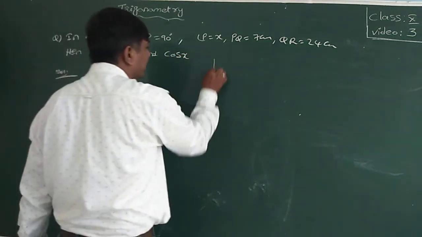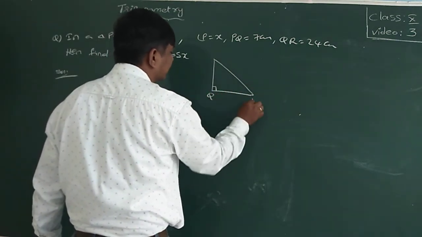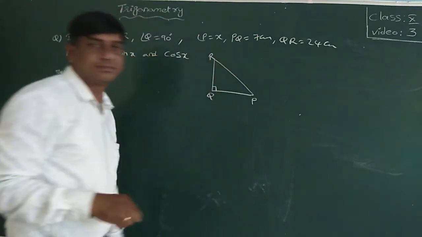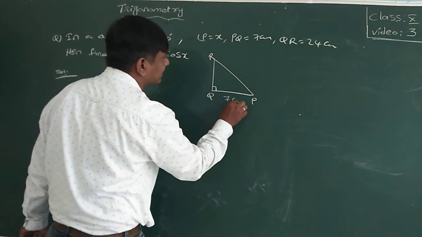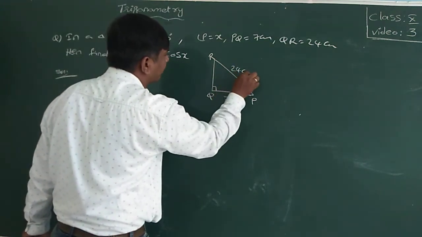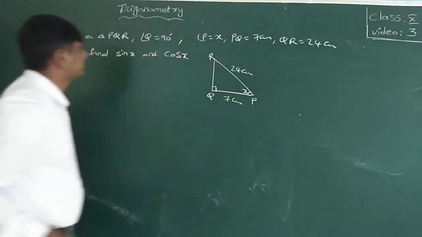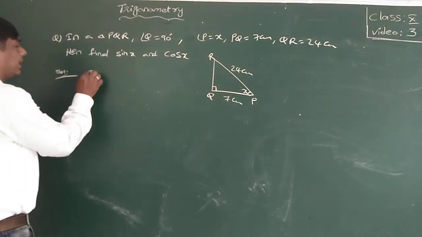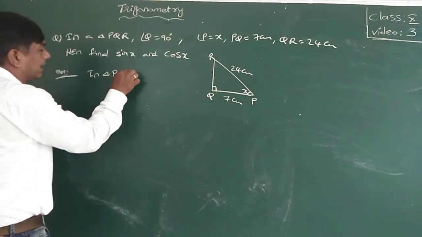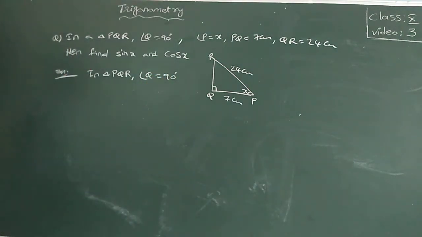In triangle PQR, angle Q is 90 degrees. PQ is equal to 7 centimeters and QR is equal to 24 centimeters. Angle P is x.